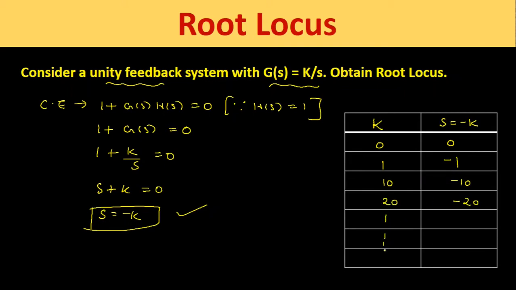Similarly, when we put K = plus infinity, we will get s = minus infinity. That means when K ranges from 0 to plus infinity, s will range from 0 to minus infinity. So based on this observation table, we will make the root locus.